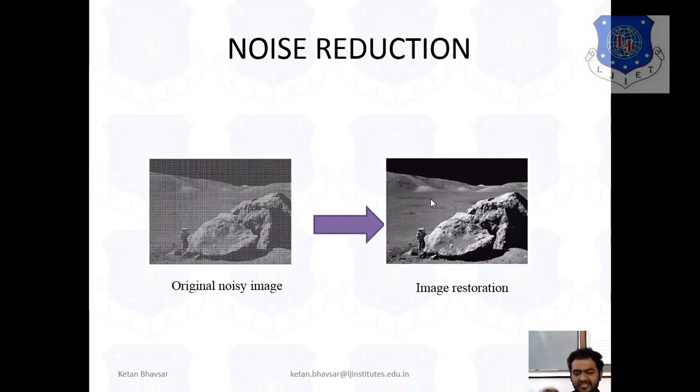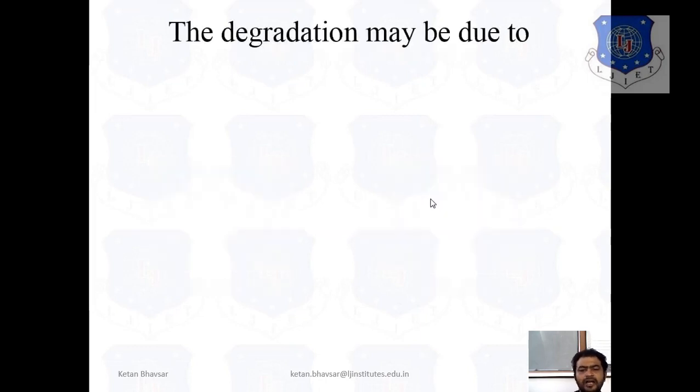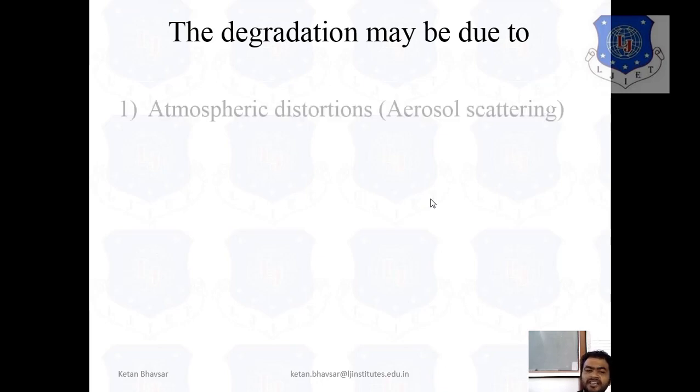We add a first level filter, second level filter, third level filter, and try to maintain the pixel values, the weight matrix of the pixels, and the contrast of the images, and we try to achieve the original image as much as possible. So first of all, how will image quality be degraded, or how will noise enter the image?